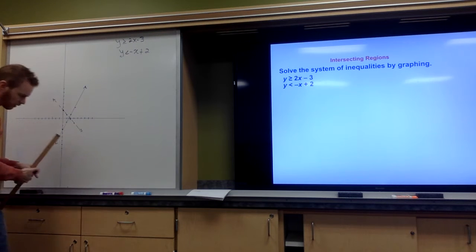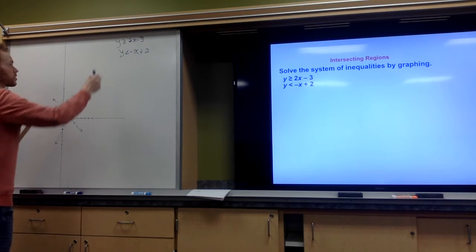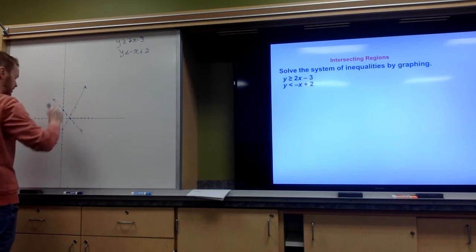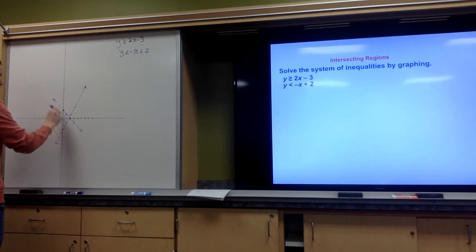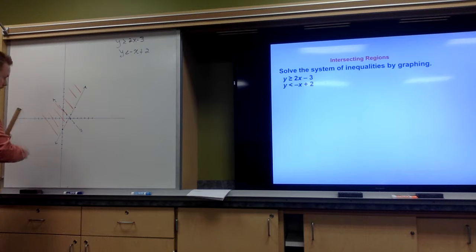Now, if you like to color, this is your type of problem. For the first one, it says I'm going to shade above this line. So it's all these guys here. This one says you want to shade below the line for that guy.